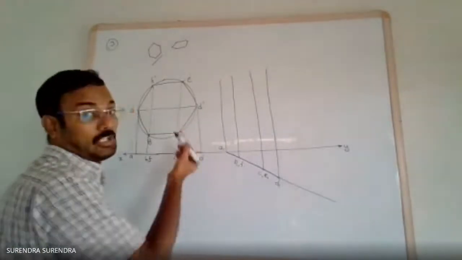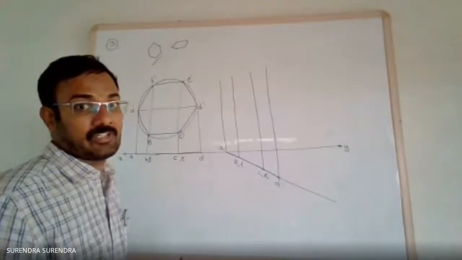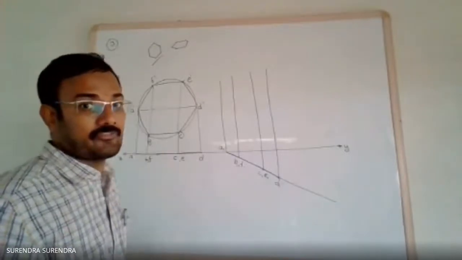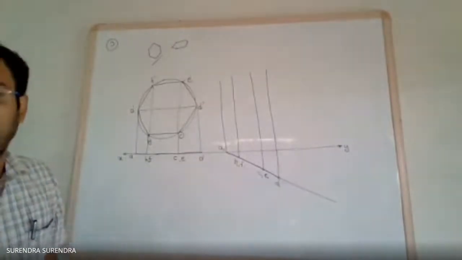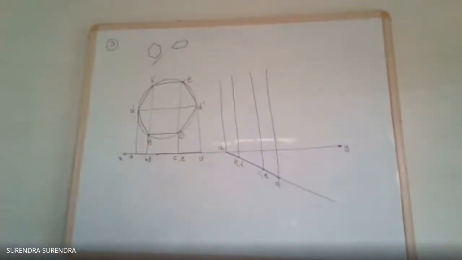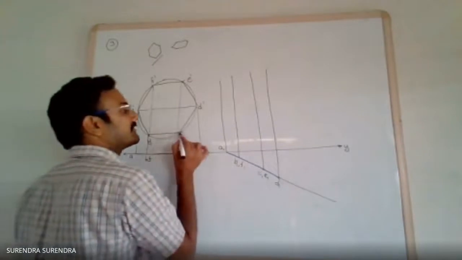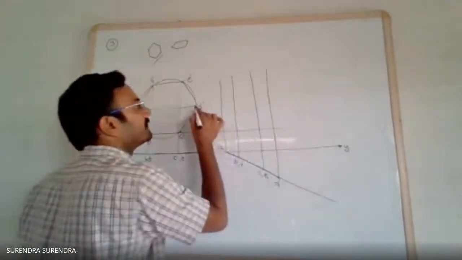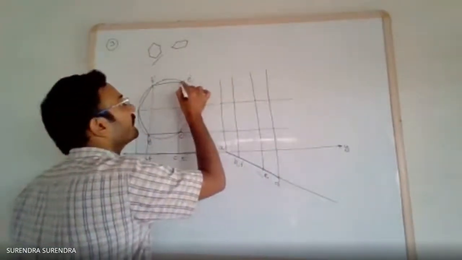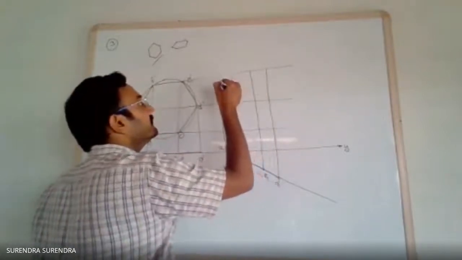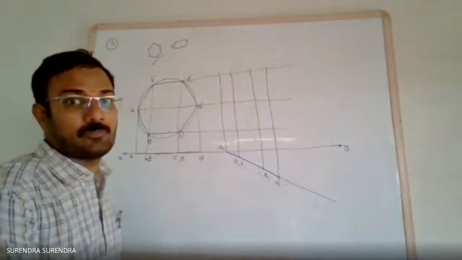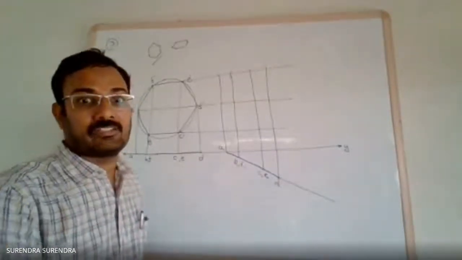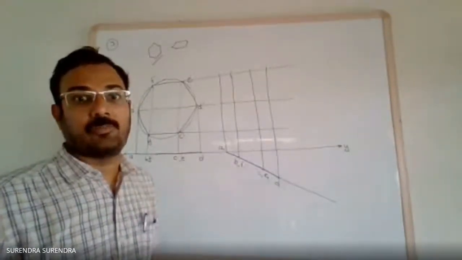And the locus line means a parallel line to the XY line from the previous front view. Mark the respective intersection points.